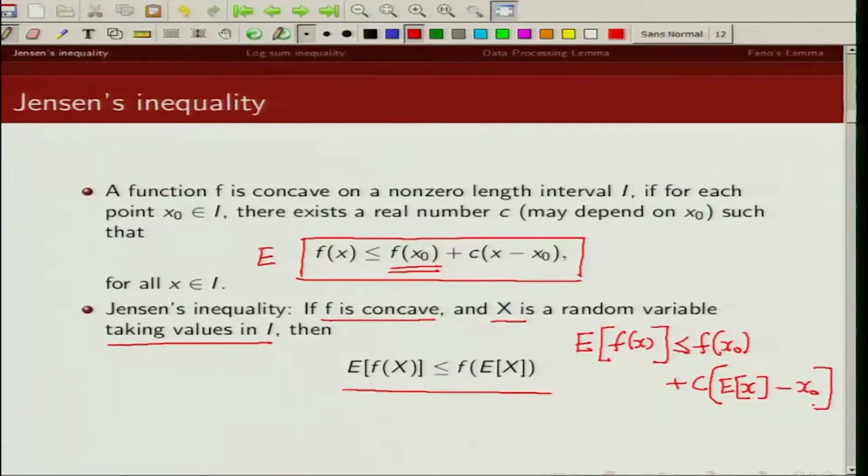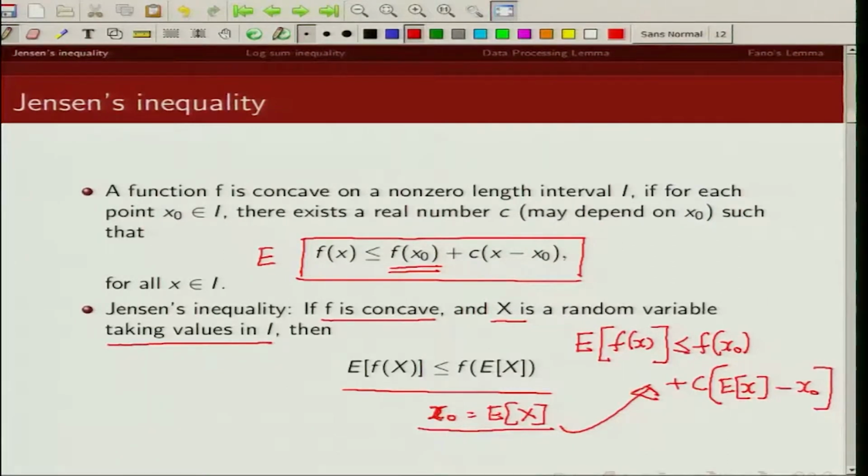Now, if I choose my point x naught such that x naught is expected value of x, which is possible because x naught belongs to the interval over which this function is concave, I can choose my x naught such that x naught is expected value of x. Now, if I plug this value of x naught in here, what do I get?